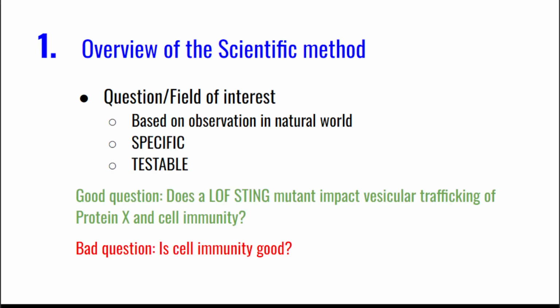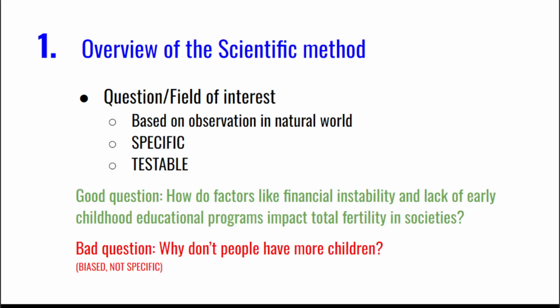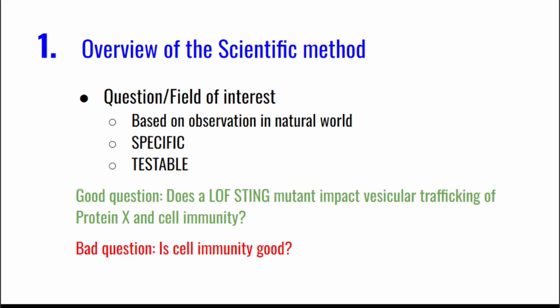So a good question is, does a loss of function STING mutant impact vesicular trafficking of protein X and cell immunity? Here I'm talking about protein X. You could fill in the blank with whatever protein or protein complex. It doesn't really matter. But essentially what we're asking here is, when we take this loss of function STING, right?